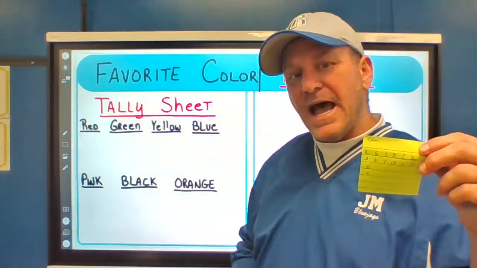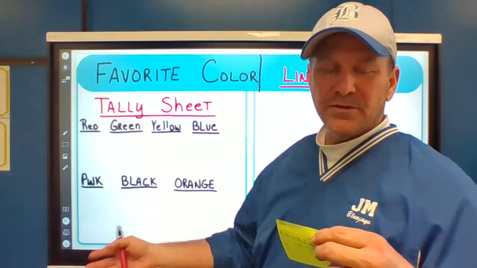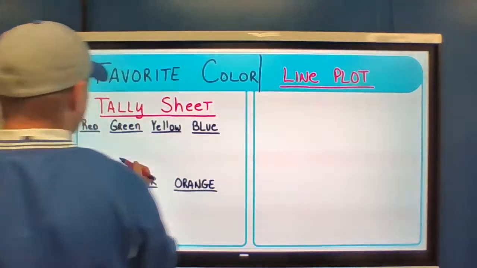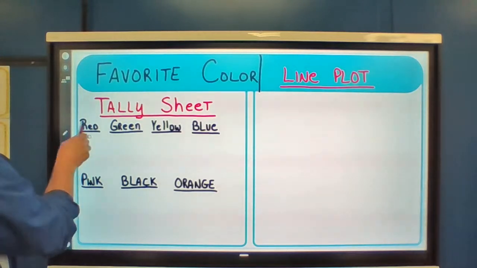Now I'm going to take that data and list how many of you chose red, how many chose green, yellow, and so on.